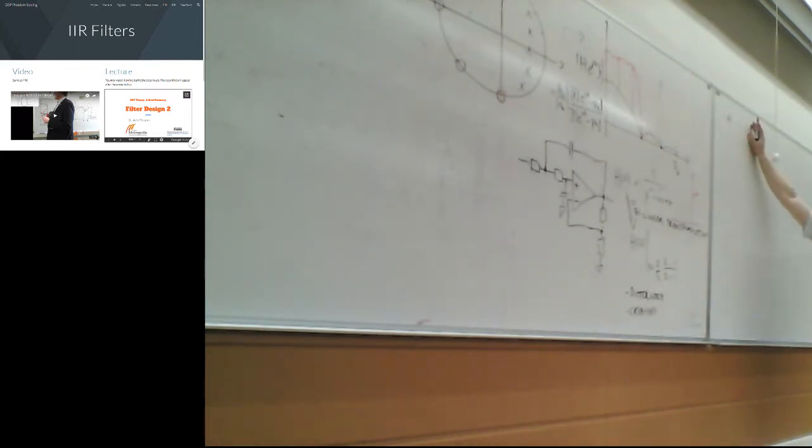Another method of doing this would be some optimized methods, where you basically first have a cost function, something like the integrated difference of the desired transfer function, e to j omega, minus your model e to j omega, and then you minimize this by changing your model.